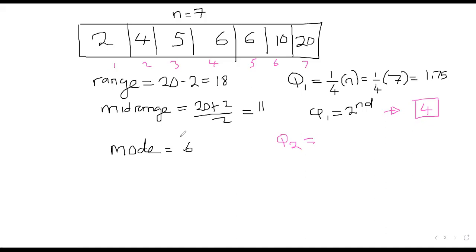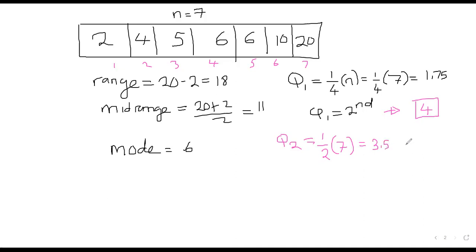So where is your beans? For the second quartile, simply half of n. Half of n. Okay, so our n is what? N is 7. So half of 7 is what? 3.5.